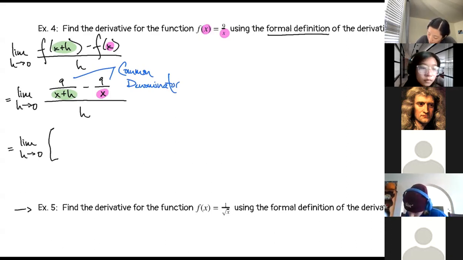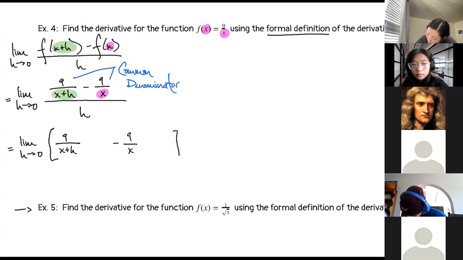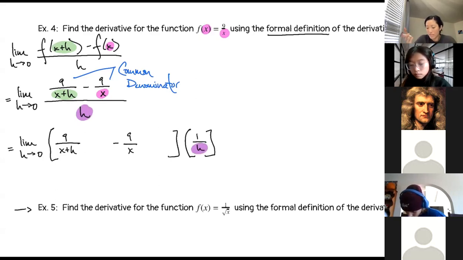Like I had 9 over x plus h minus 9 over x. I'll leave space to make the common denominator. And then I did times 1 over h. So I brought this denominator out as a separate fraction, just because it was easier to see 2 fractions side by side rather than a fraction stacked on top of another fraction. I did see some people use this strategy on the exam, so that's awesome if it works for you, and if not, totally fine as well.